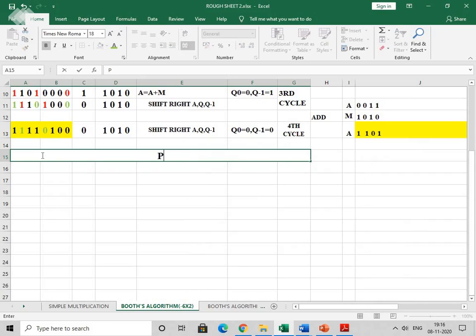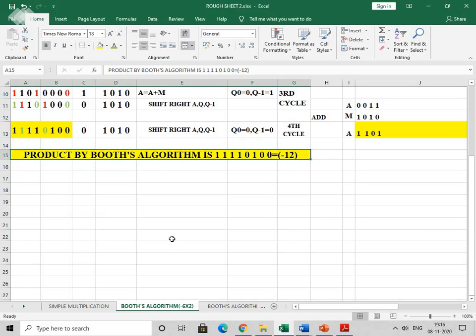I will write here: product by Booth's algorithm is 1 1 1 0 1 0 0, which is equivalent to minus 12. So this is your final answer.